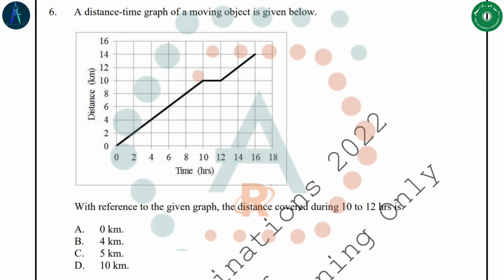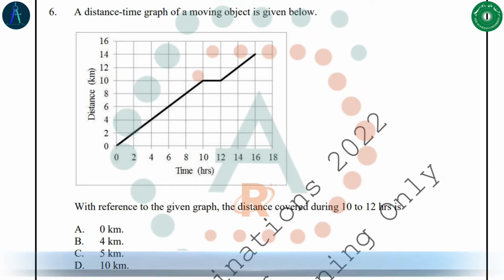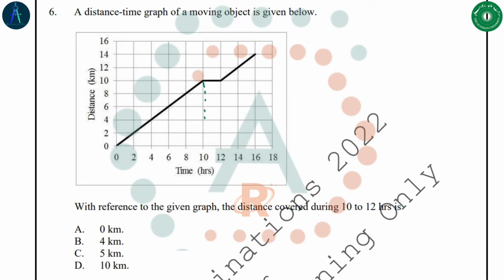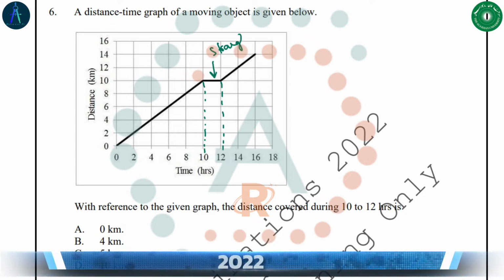Then in question number 6, we have our distance-time graph, and with reference to this graph, we have to find the distance covered during 10 to 12 hours. Between 10 to 12 hours, as we can see, the graph is a straight line.